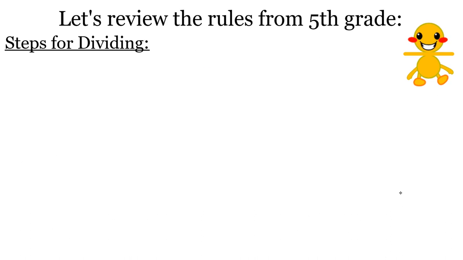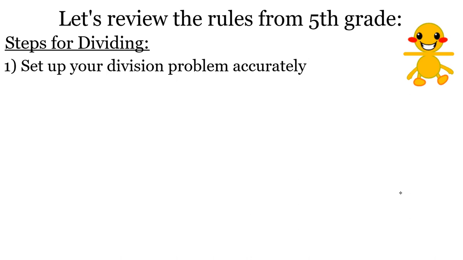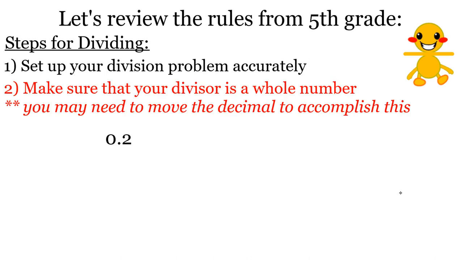So let's review the rules from 5th grade and talk about our steps for dividing. Our first step is set up your division problem accurately, which we just talked about a second ago. Then we're going to make sure that your divisor is a whole number. This is kind of a tricky idea, so you might have to move the decimal to accomplish this. In other words, we're going to take this 2/10, and we're basically multiplying it times 10.